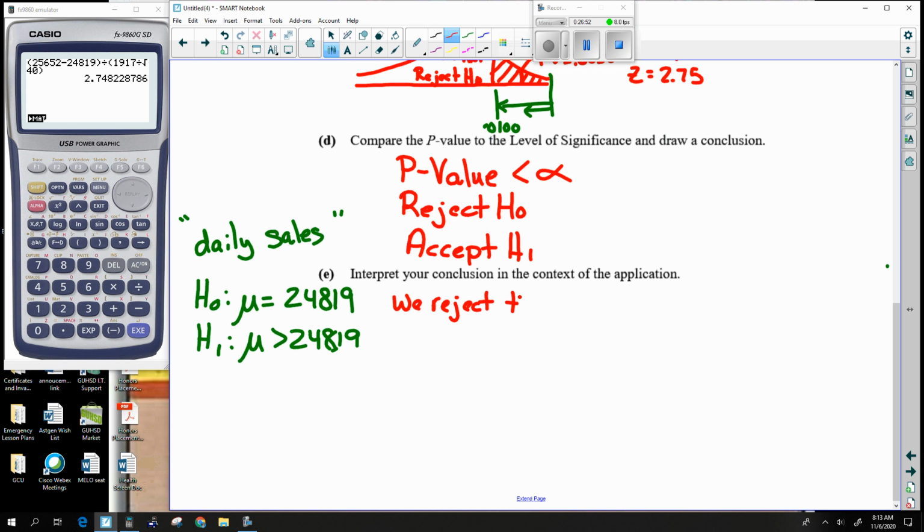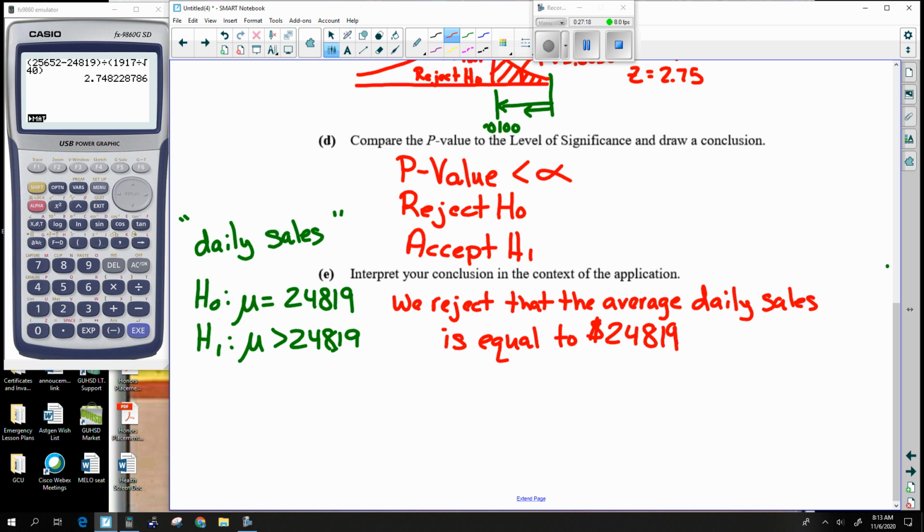So we reject that the average daily sales is equal to 24,819, and accept that the average is greater than 24,819.